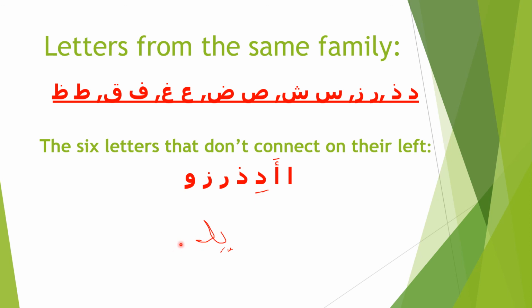This means we can't connect anything after it, on its left, but it can connect anything on the right side. So all six of these cannot connect on their left. It's important to know. We will learn more about it once we get to the connecting letters, and we will do a lot of those so we're comfortable reading together.